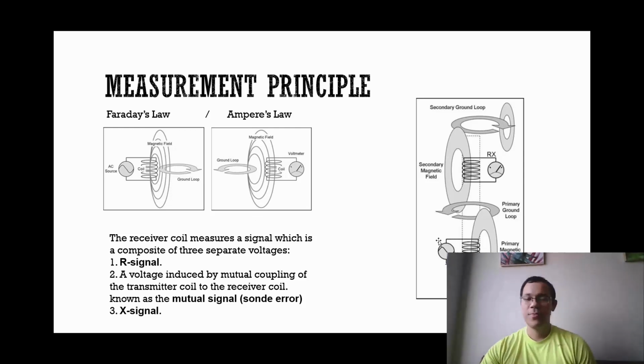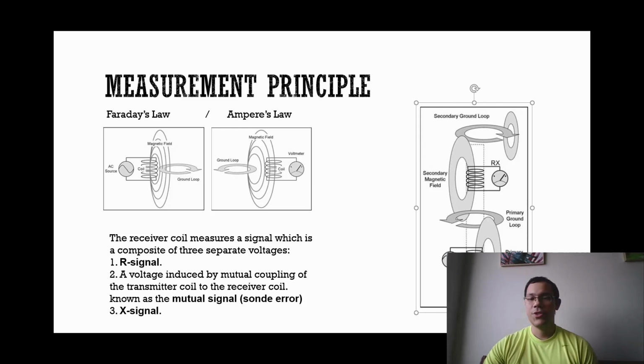So, as I mentioned before, we start by applying AC to this transmitter. Then the coil generates this magnetic field, which is going to create a primary ground loop in the formation, and we're interested in this. This primary ground loop is going to create a secondary magnetic field, which is going to induce the voltage in our receiver.